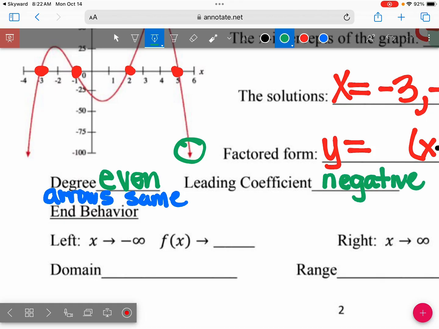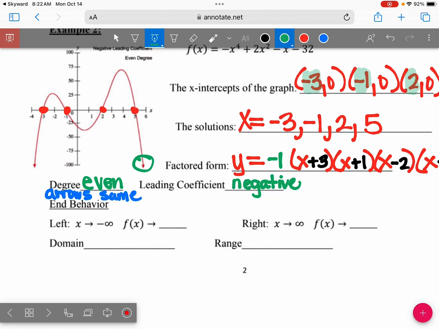Now, let's go back to factor form. Because it's a negative function, anytime it's a negative function, we have to put a -1 in front of our first factor. So go back, and we only have to do that for a negative function. Put that -1 in. So anytime it's negative, we have to put that -1 in.